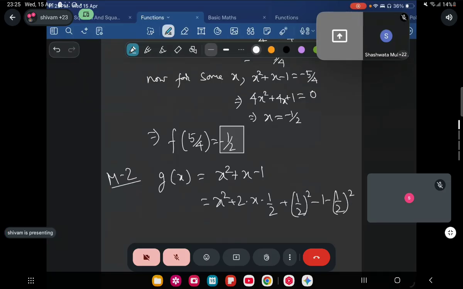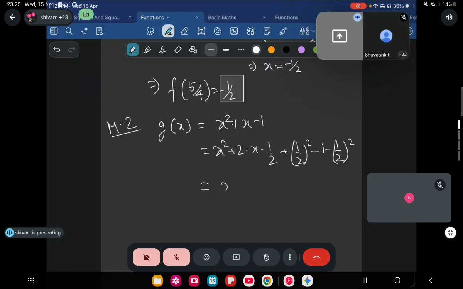Are people getting it? If you are unable to understand, ask. Yes, sir. This will become x plus half whole square minus 1 minus 1 by 4, which becomes minus 5 by 4. This is what g of x is.